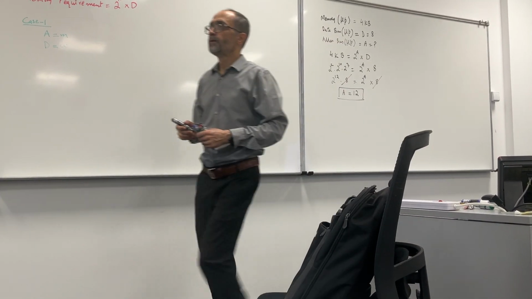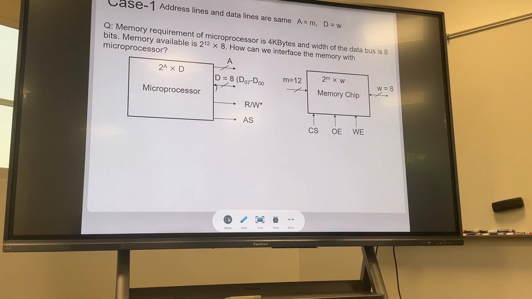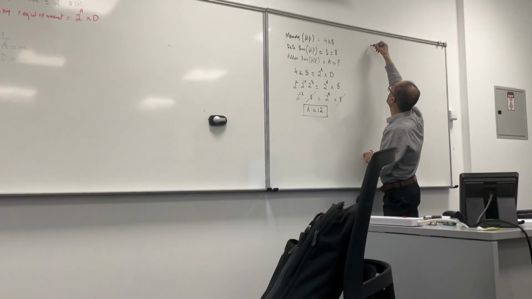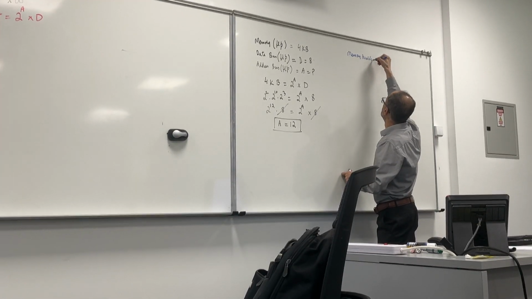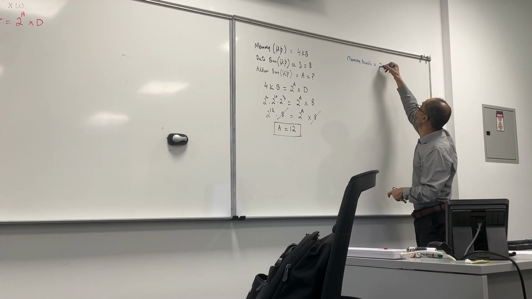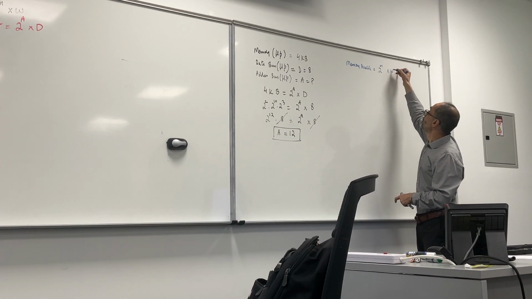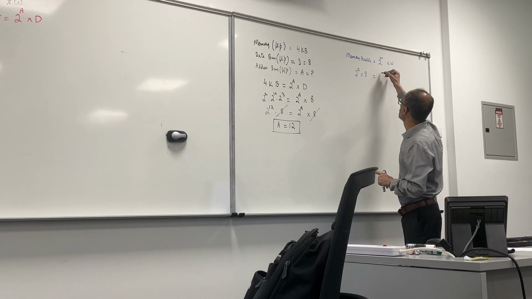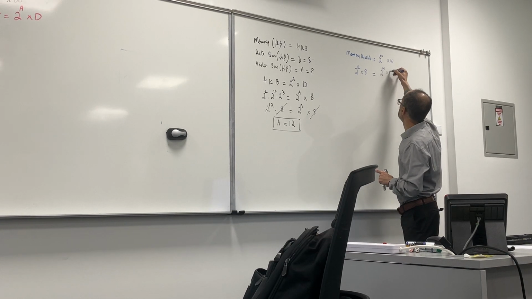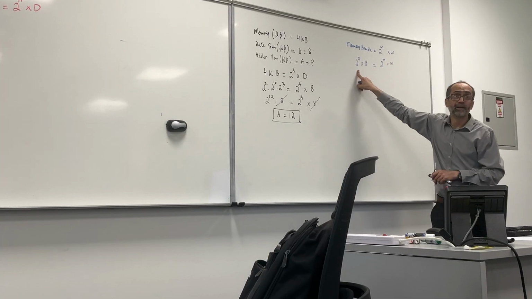Now look, what is the memory available? It is 2^12 cross 8. Using the other formula, the memory available is equal to 2^M cross W. So the memory available is given, it is 2^12 cross 8, and it is equal to 2^M cross W. What is M in this example? 12.